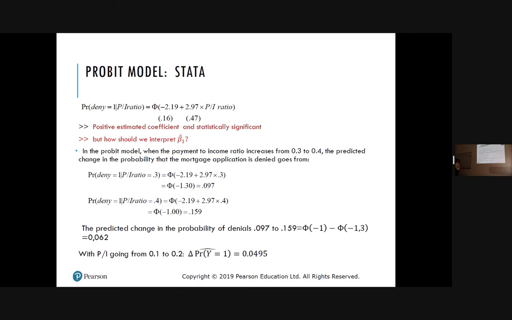Excuse me, Prof, the payment income ratio is the ratio between what and what exactly? So the payment for the loan and your income. Okay, so it's a measure of how much you can actually afford to pay the loan with your money. For example, 10,000 euros divided by my income.